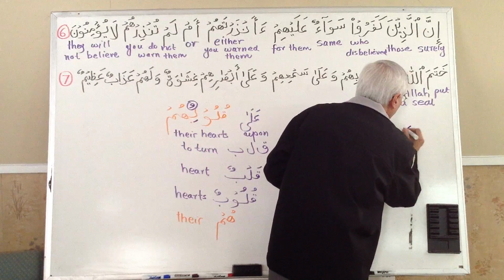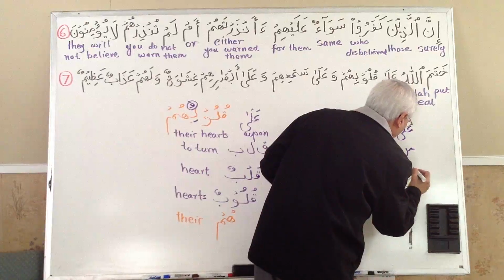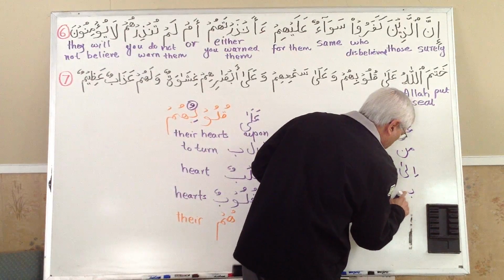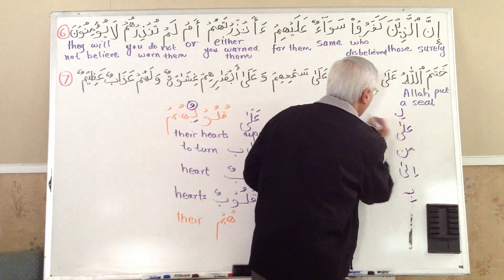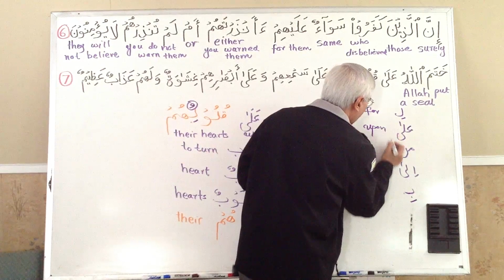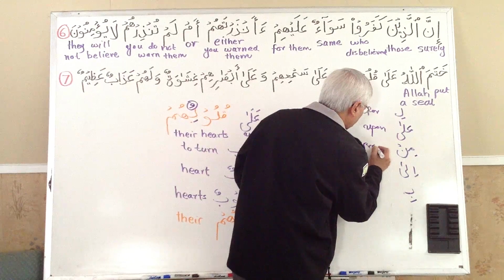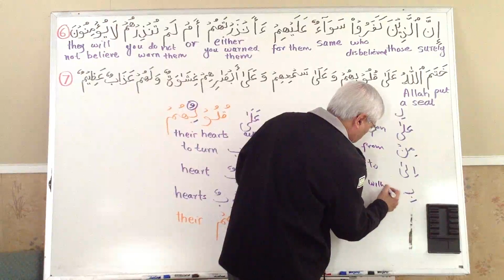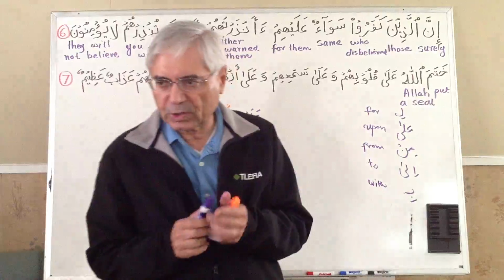There are a few words: ala, min, ila, bi, and li. Li means for, ala means upon, min means from, ila means to, and bi means with. You notice these words in English are called prepositions.